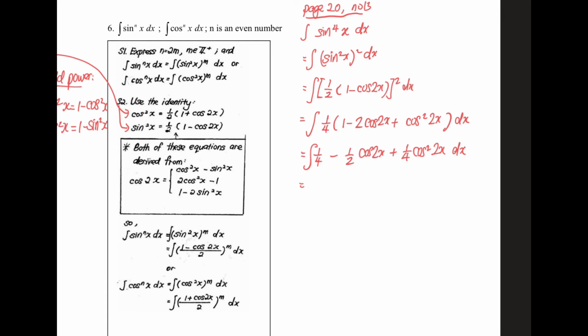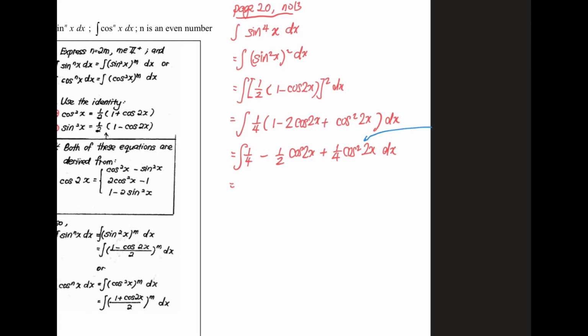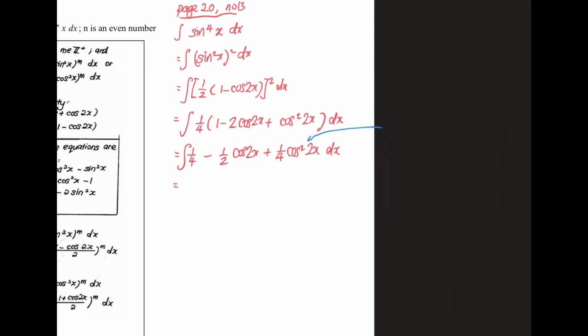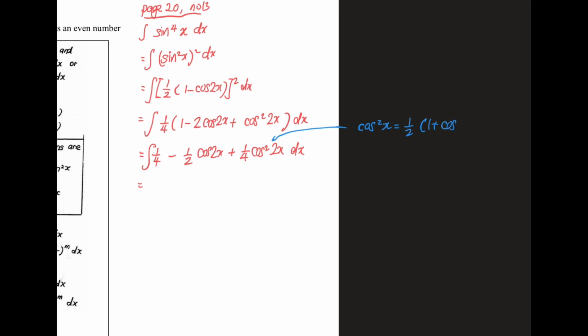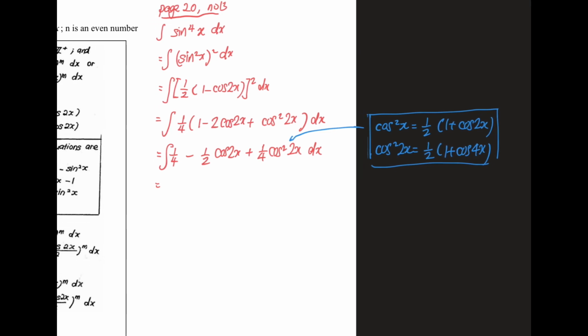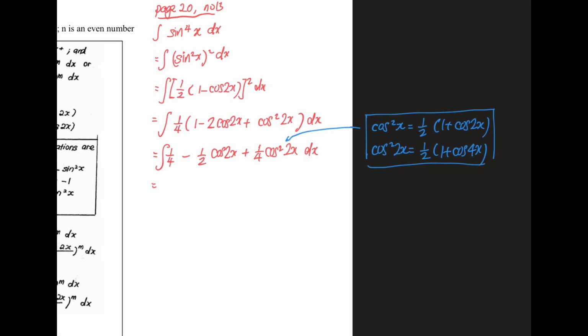So we have to use the formula again. But you have to know that if you have cos square x, it becomes 1 over 2, 1 plus cos 2x. But if you have cos square 2x, it becomes 1 over 2, 1 plus cos 4x.